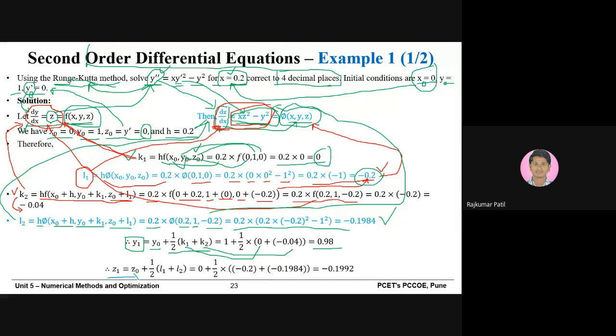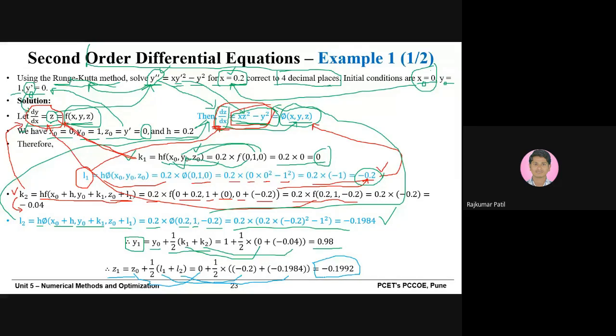So z naught is given 0, L1 we just estimated as minus 0.2, and L2 also estimated as minus 0.1984, and upon simplifying you will get z1 as minus 0.1992.